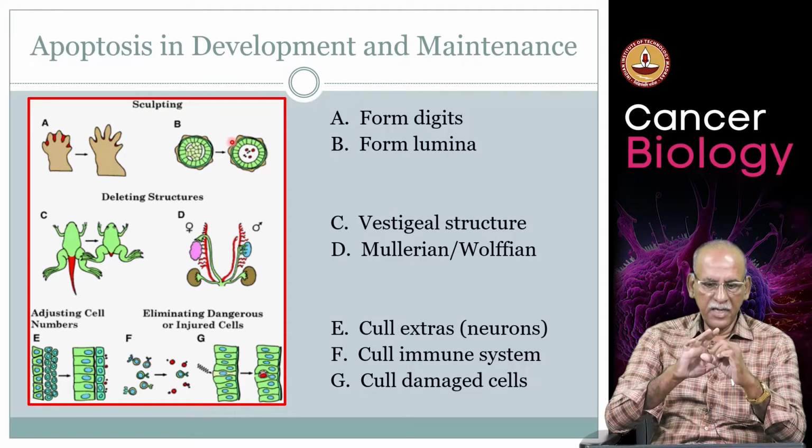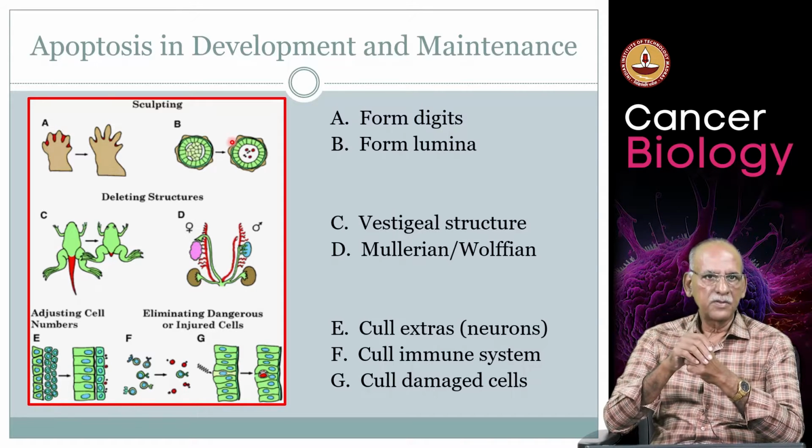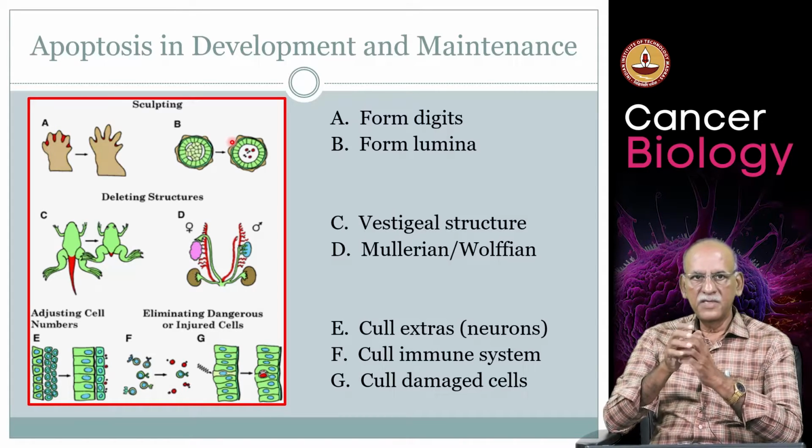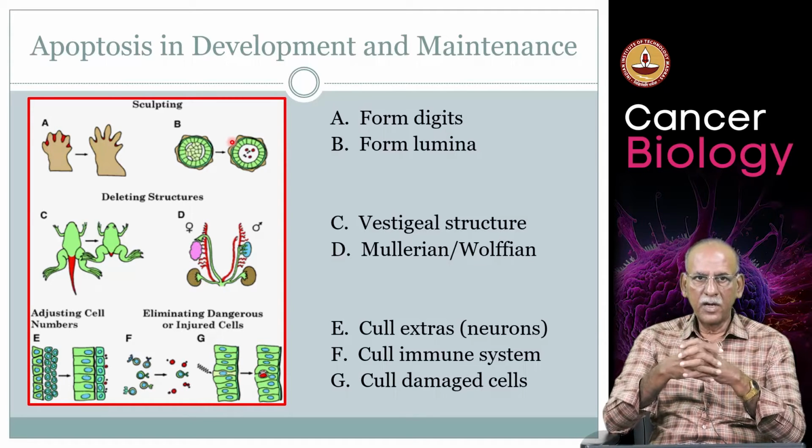So, the tissue in between should be destroyed, so that you form a canal like structure. That is also done through apoptosis. And for some of the vestigial structures in the reproductive organs, the Mullerian duct and Wolffian duct, for their development you also need this apoptosis.